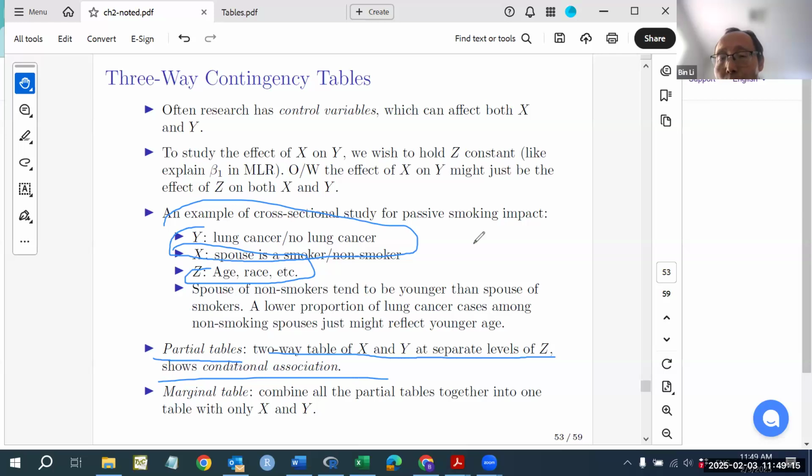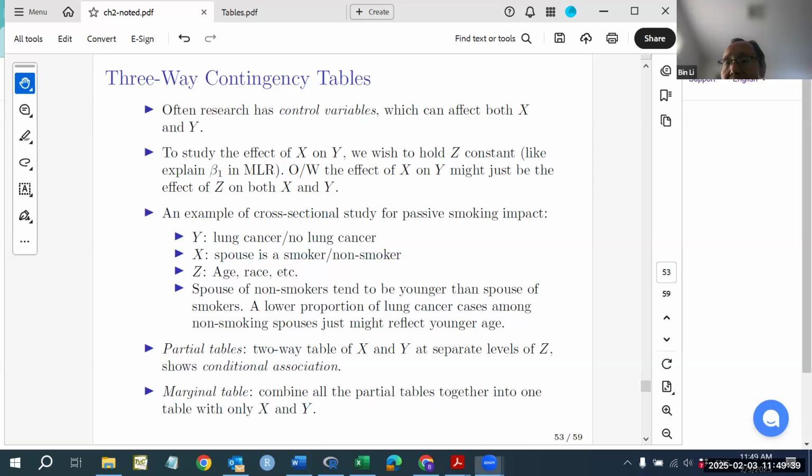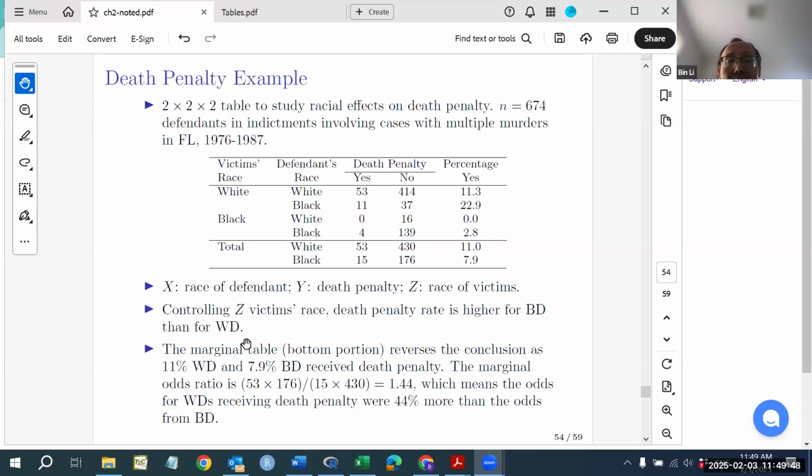It shows the relationship between x and y conditioned on a level of z. And the marginal table combines all the partial tables together into a table with only x and y, ignoring z. So the idea is, if we don't control for z, while z can affect both x and y, then the analysis results can be very risky, even misleading.